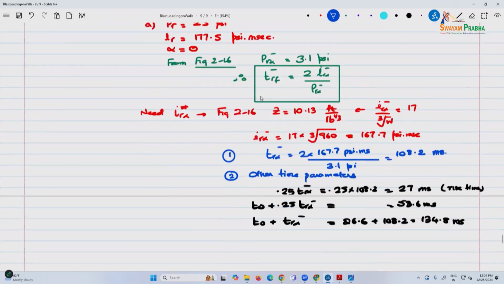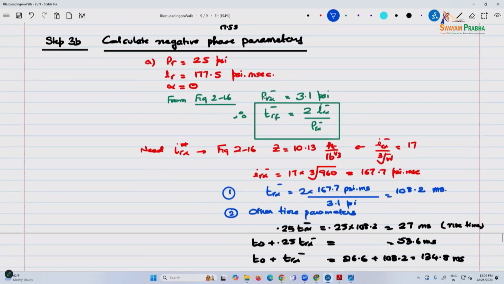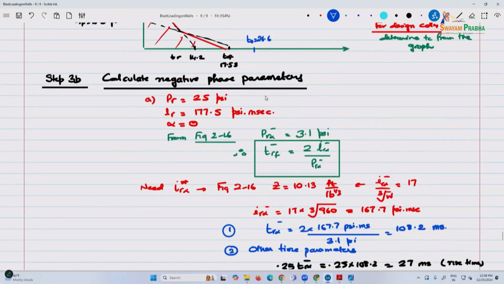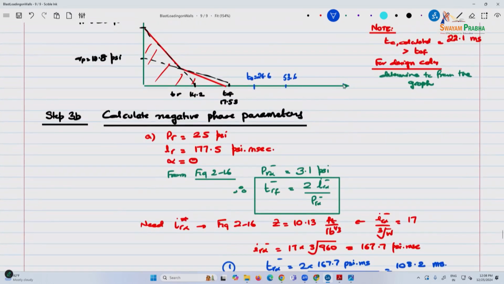And then it goes to 53.6, and 134.8, let's assume it's a broken scale, and peak is 3.1.